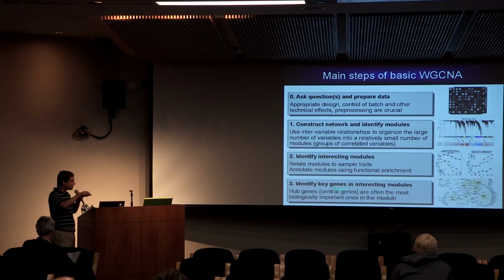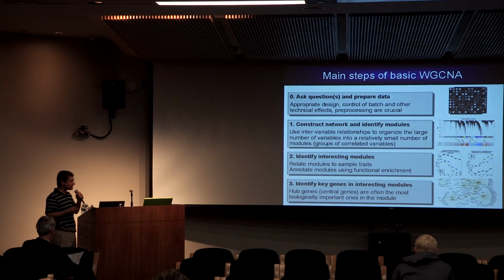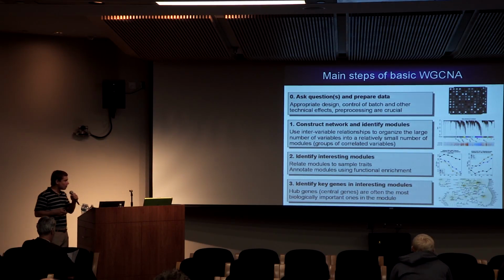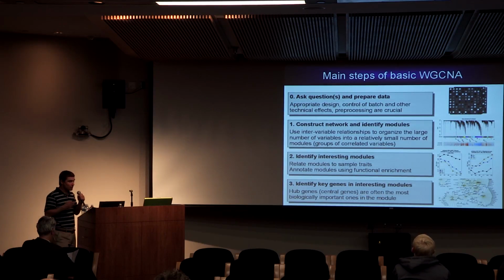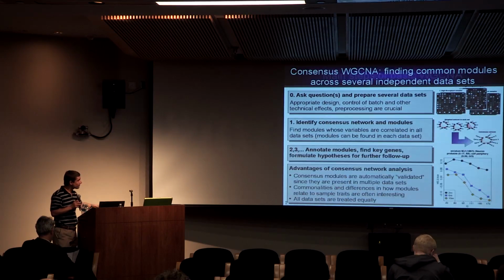And then you identify key genes and interesting modules, and the hypothesis that underlies network analysis in general is that hub genes, so the genes that connect to a lot of other genes in this little plot here, are often the most biologically important genes or variables in the module. So that's a very brief overview of the main steps of a basic WGCNA analysis.